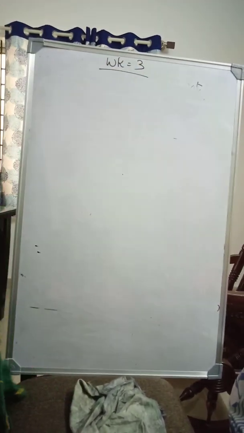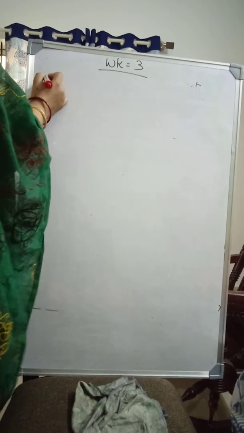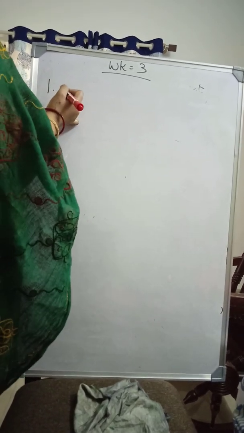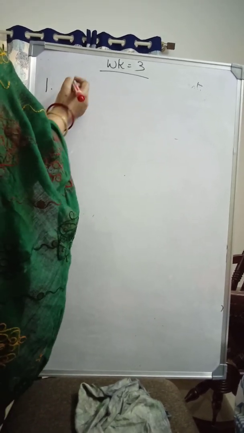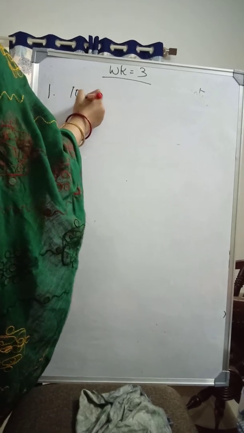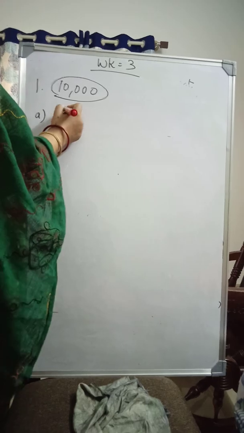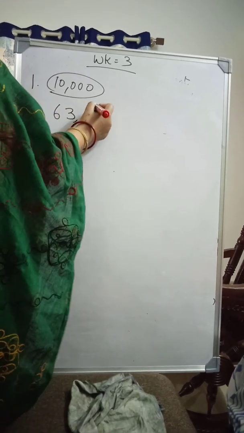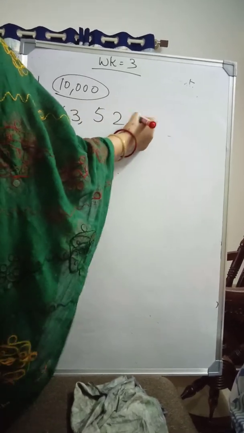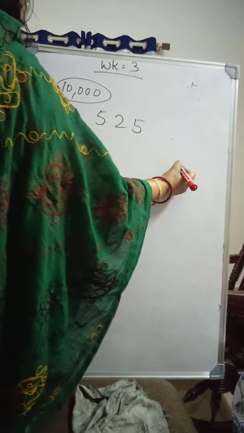So here in worksheet number 3, we see the first question: round off the following number to the nearest 10,000. Okay. So A, the question is 63,525. Right? Let us make the place value chart.